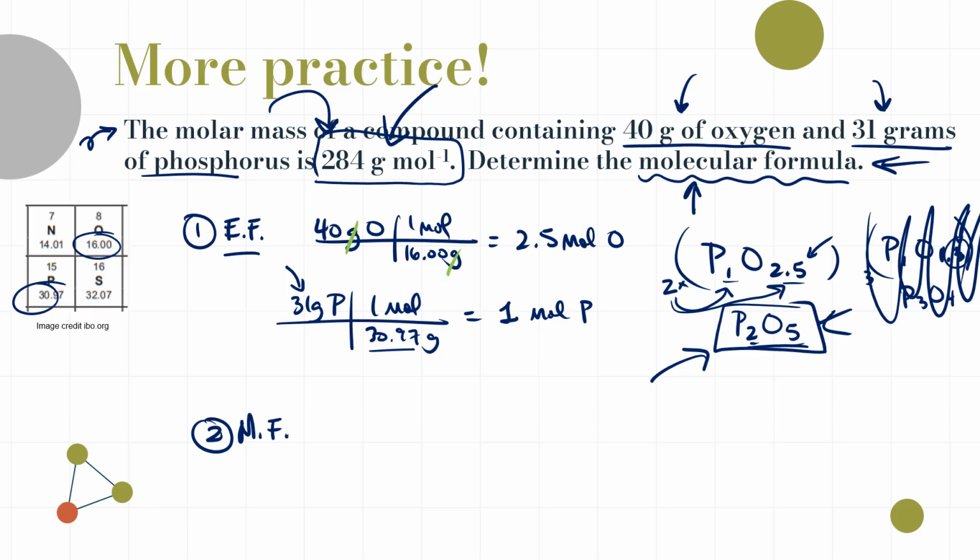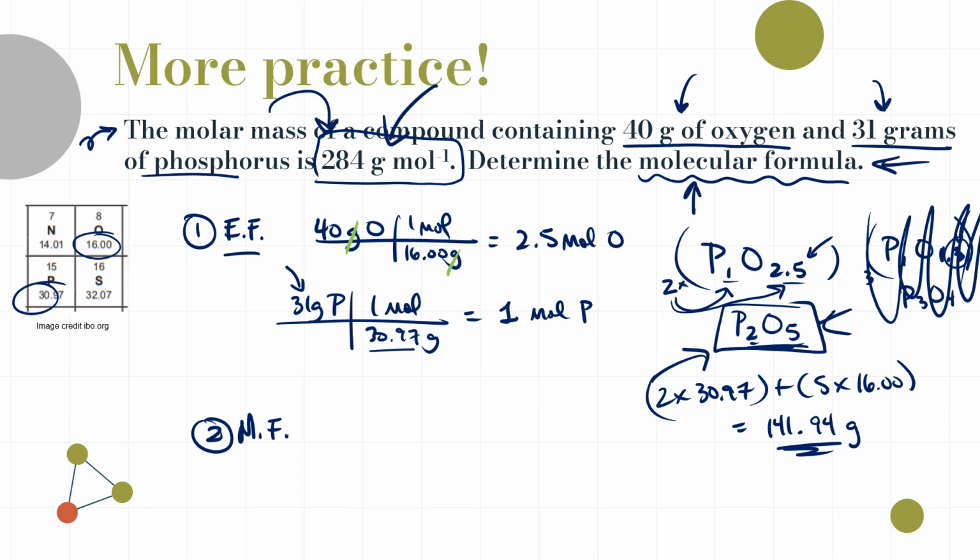So the mass of P2O5, the empirical mass, if you will, not the molecular mass because it's not the whole molecule yet, is going to be 2 times our phosphorus plus 5 times our oxygen, and that's going to give us a grand total of, calculator says, 141.94 grams, not per mole, because we don't know if it's a whole mole yet.